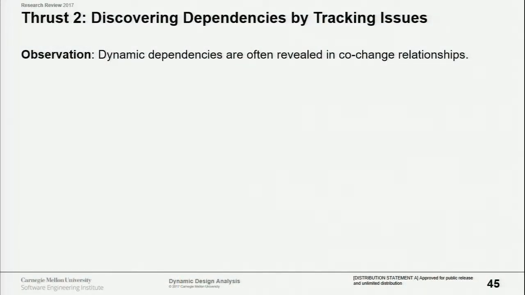So we turned to another approach, which was trying to discover dynamic dependencies through tracking issues. So the idea is that if two components have a dependency relationship on each other at runtime, you will often see co-change relationships between these components if you look at the issue tracker, if you look at the revision history of the project.